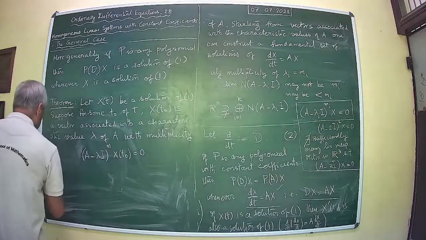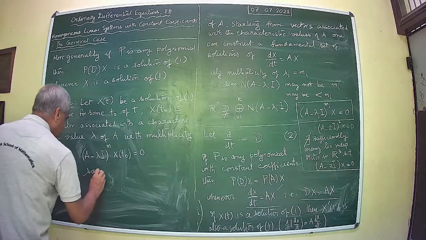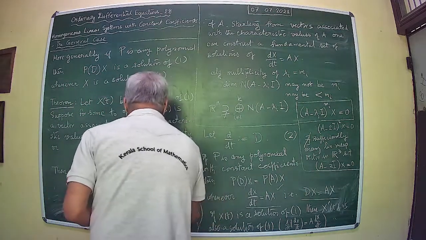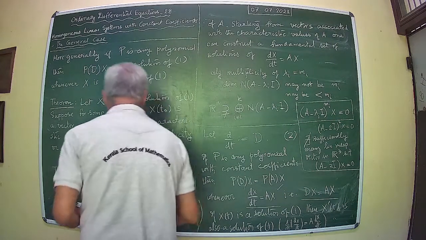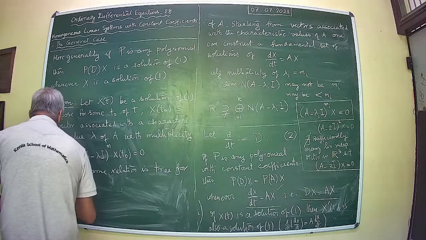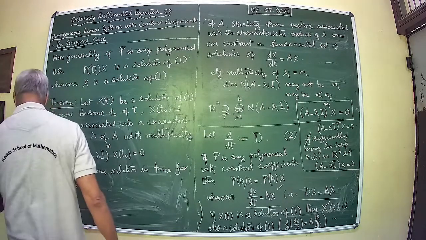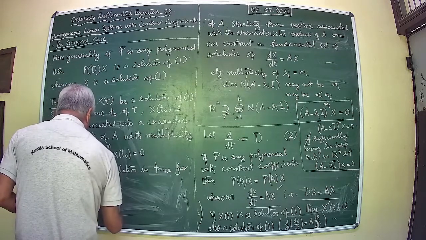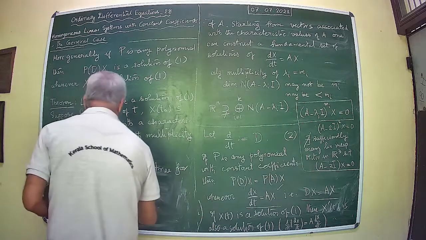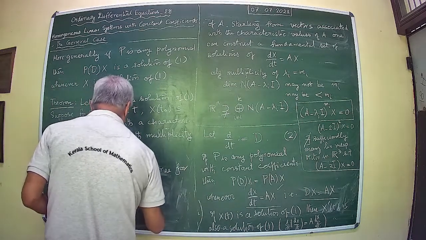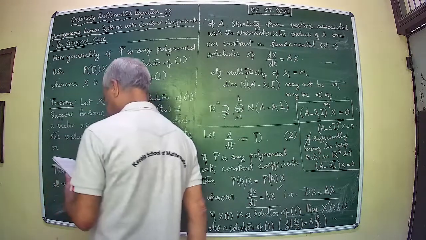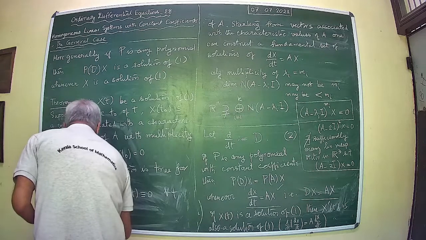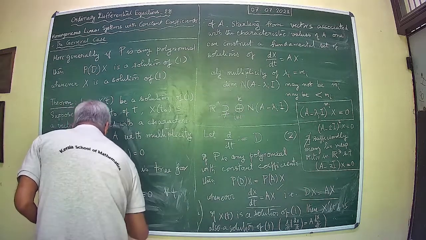Then the same relation is true for all values of t, that is, you have (A minus lambda I)^m x(t) equal to 0, and also (D minus lambda I)^m x(t) equal to 0.